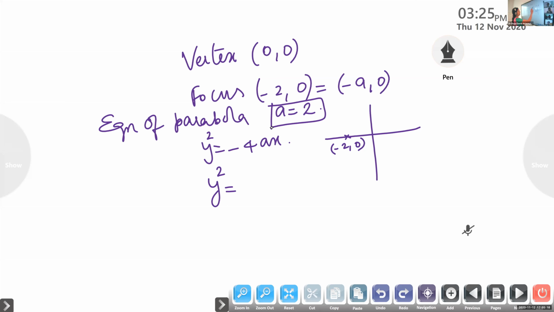Comparing these two, minus a, 0, we got a is 2. So substitute the value of a as 2. The equation is y square is equal to minus 8x.